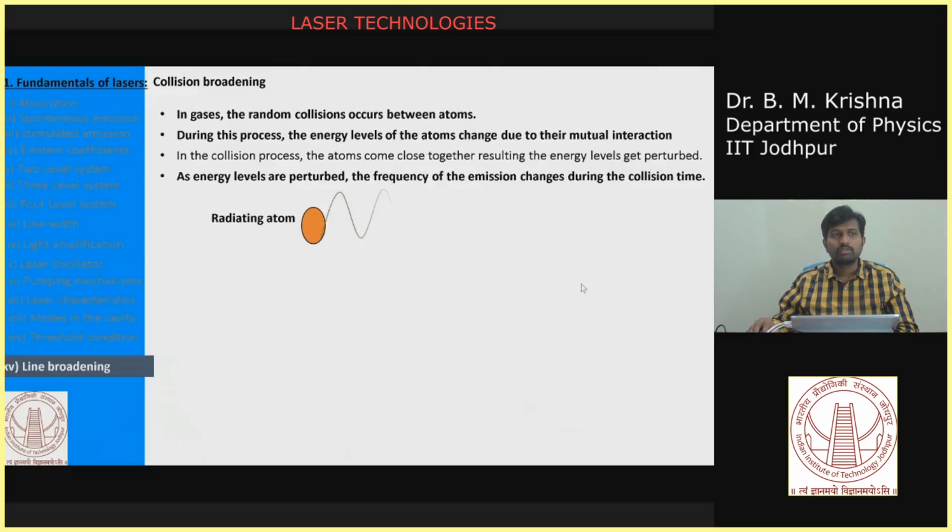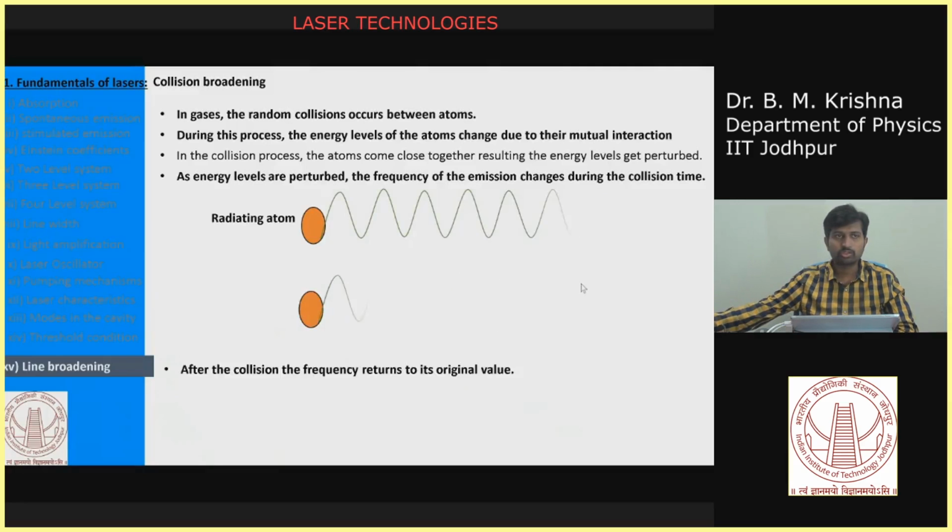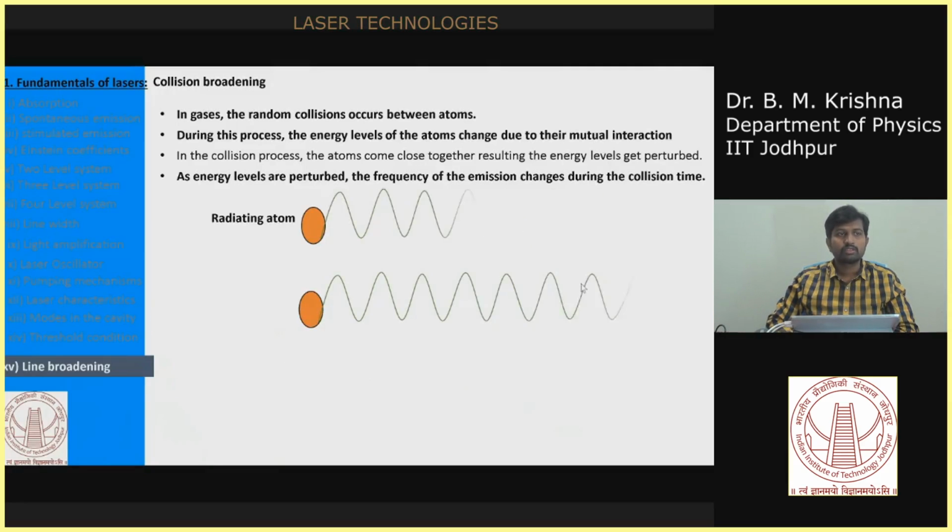Now you come with the other atom, so collisions happen. During the collision process, the frequency of the emitted radiation changes. If you carefully observe, during the collision time the frequency got changed and again comes back to the original emitting radiation. So after the collision, the frequency returns to its original value.